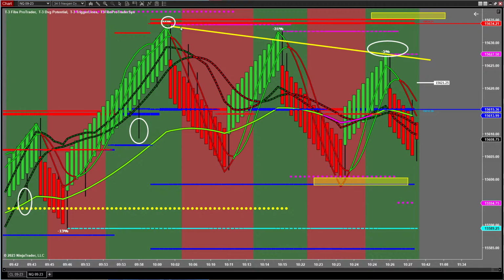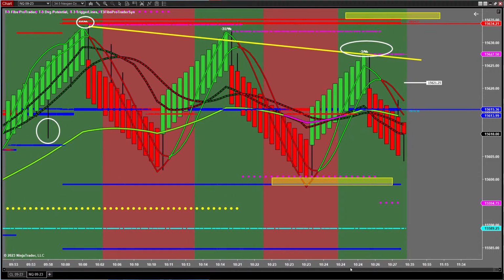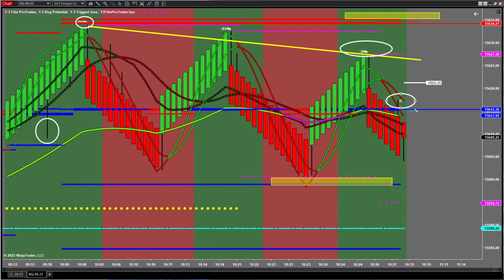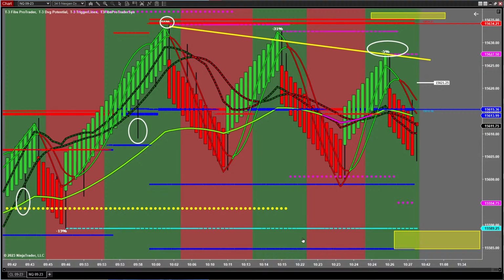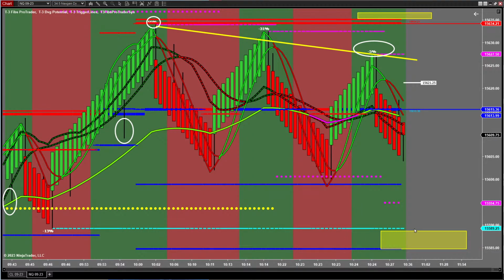So we get divergence, divergence, divergence. Now our triggers are rolled over. They're not super pretty for trend trades because the small triggers are kind of on the wrong side. But with that third divergence, now we can start anticipating we're going to go visit the bottom. So if you look at your chart and say, what's the bottom?